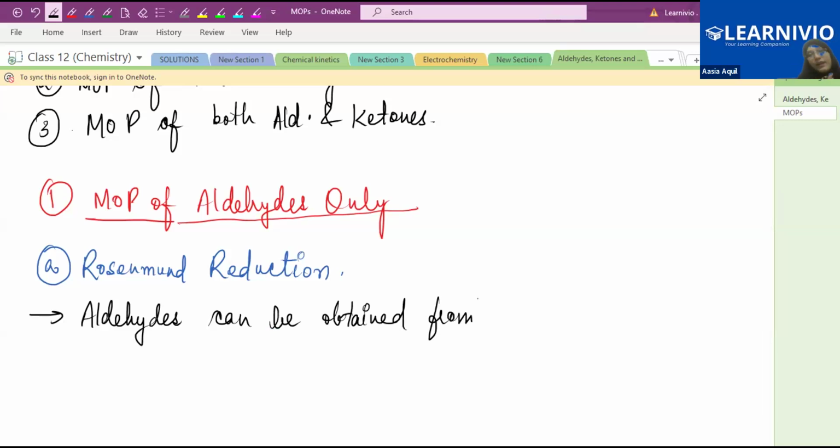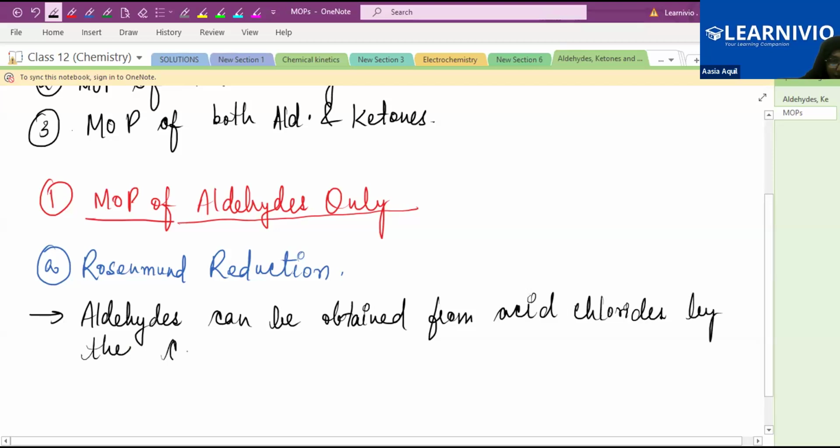This group is known as acyl chloride. Acyl chloride को हम acid chloride भी कहते हैं. From acid chlorides by the catalytic hydrogenation, in the presence of a catalyst.